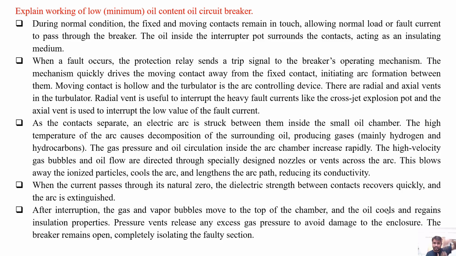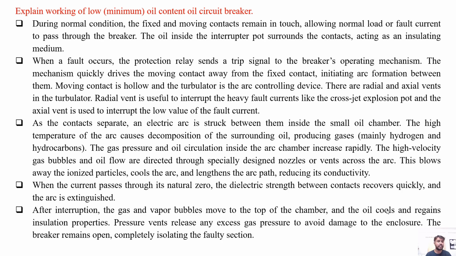Now, as the contacts separate and an electric arc is struck between them inside the small oil chamber, the high temperature of the arc causes decomposition of the surrounding oil and causes gas production, mainly hydrogen and hydrocarbon gases. The gas pressure and oil circulation inside the arc chamber increase rapidly.